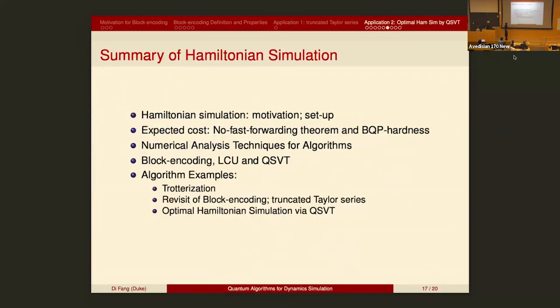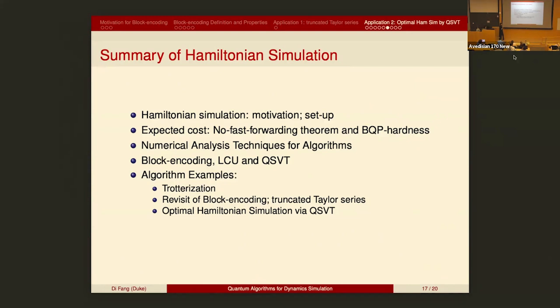Okay, so now is the summary. Throughout these 2 lectures, we have talked about Hamiltonian simulation and expected cost, 2 cool numerical analysis techniques, one for global, one for local. And then we talked about block encoding. Specifically, we looked at linear combination of unitaries, how to do that, and how to get away with only 1 ancilla qubit for polynomials using QSVT.